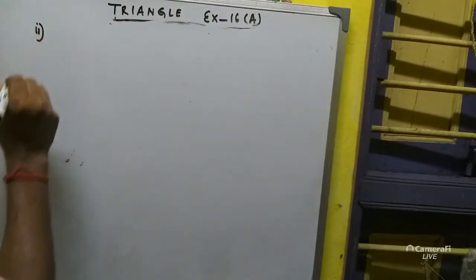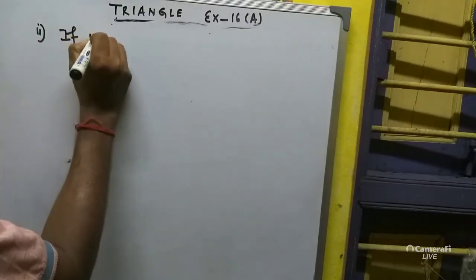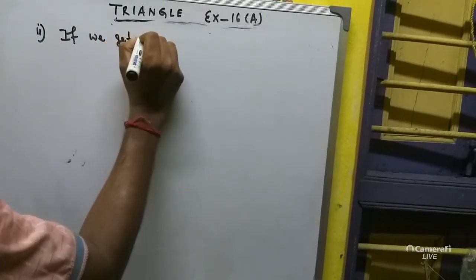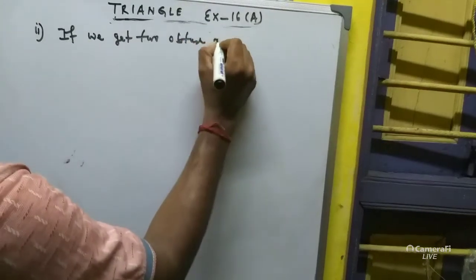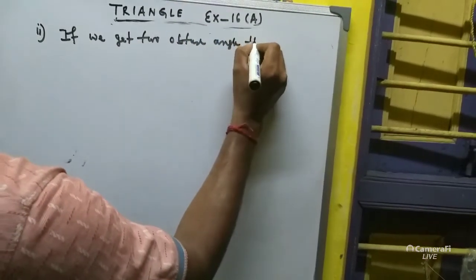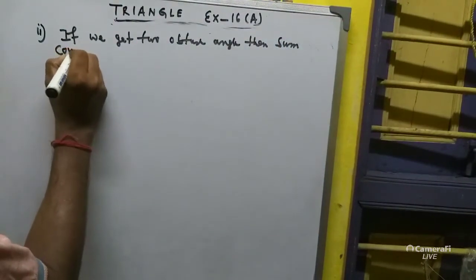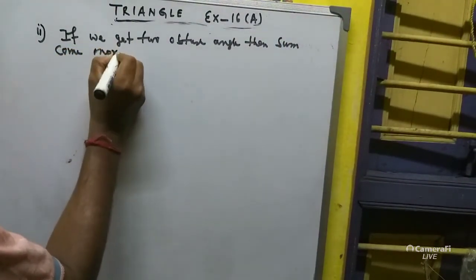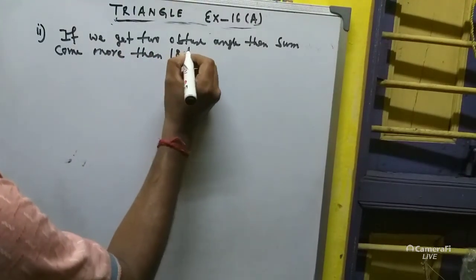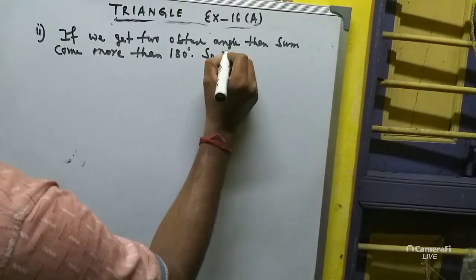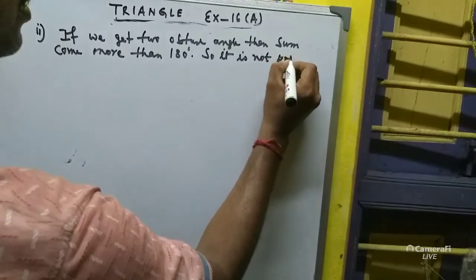Next one, two obtuse angles. If we get two obtuse angles, then the sum comes more than 180 degrees. So it is not possible.